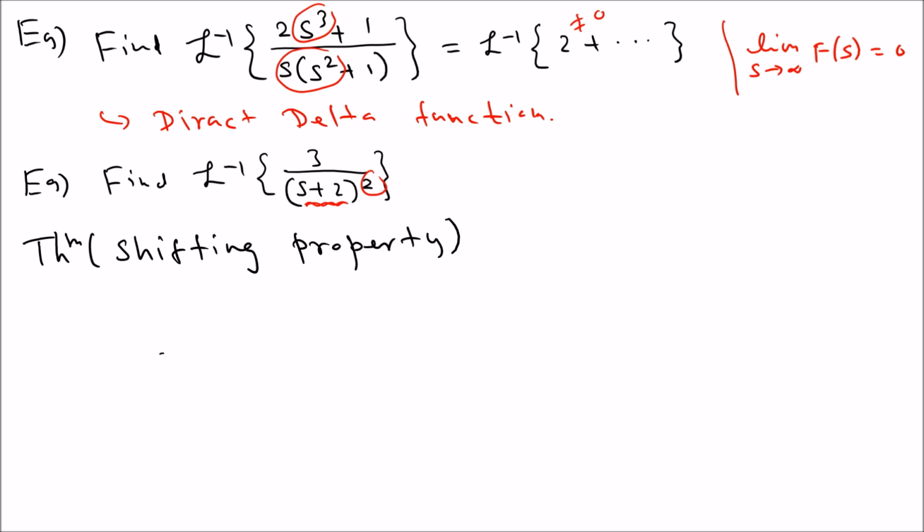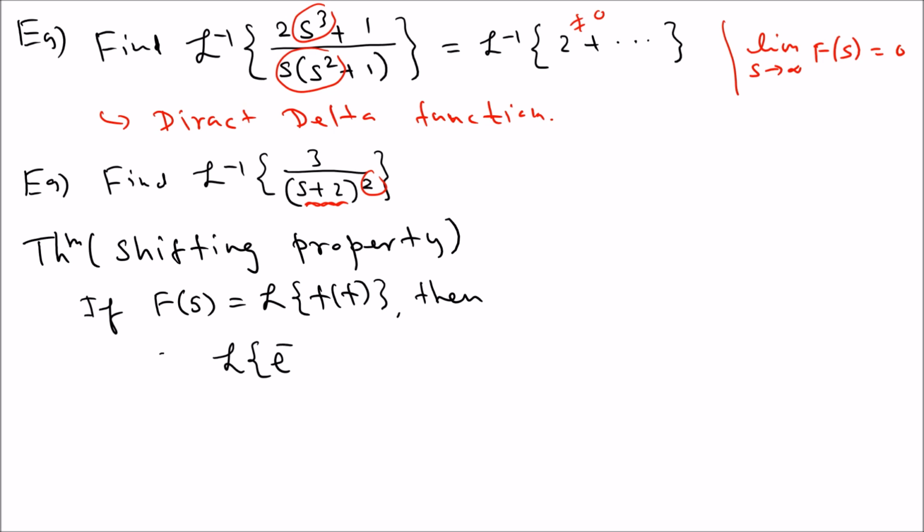Let's say if F(s) is the Laplace transform of f(t), then the Laplace transform of e to the minus at f(t) is simply F(s plus a).